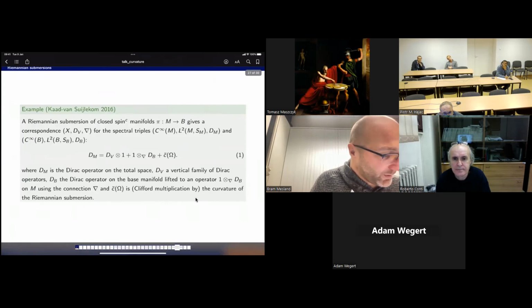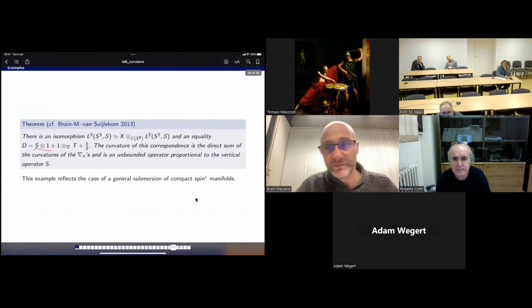May I ask a question about this, let's say, total curvature? If you think about the Riemannian submersion, then you have a canonical choice of a connection in the sense of fibrations, which is the orthogonal complement to the fibers.